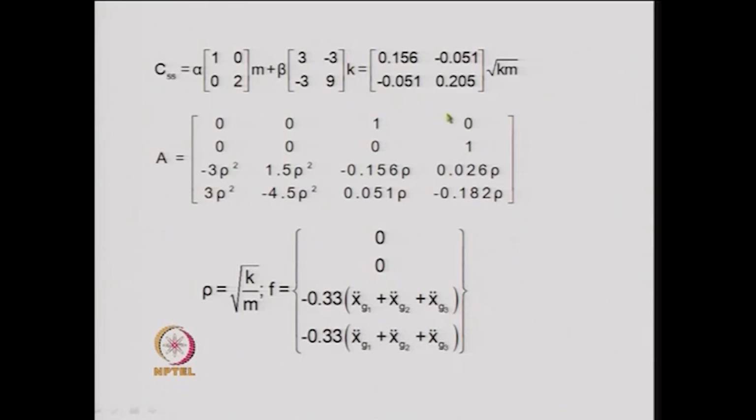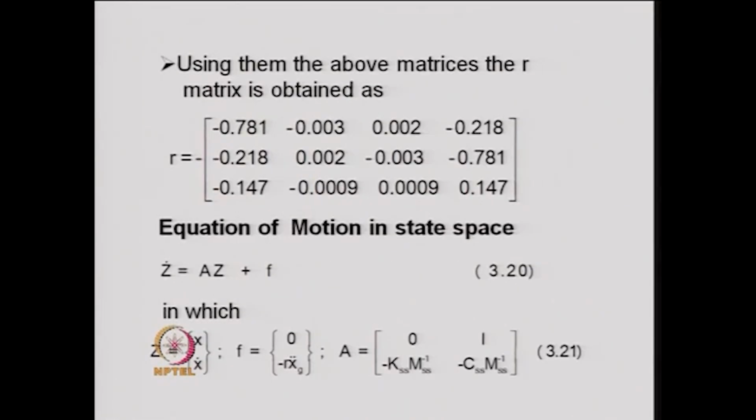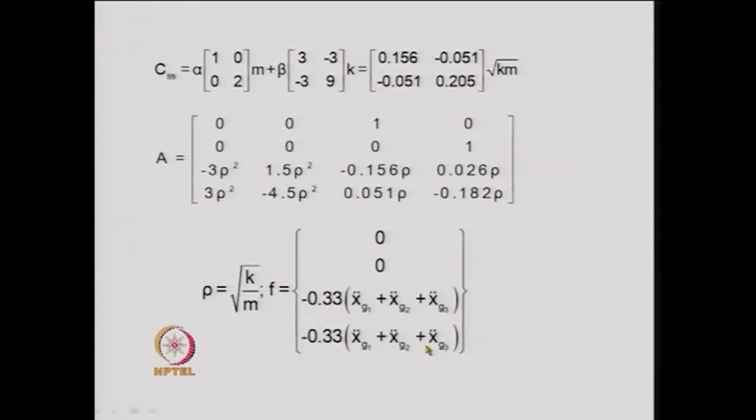Once we have this damping matrix written for the system, then we can use the same equation. Here we know KSS, we know MSS inverse, and also we now know the CSS matrix. Therefore, using this we can write down the entire A matrix, and this A matrix turns out to be like this.